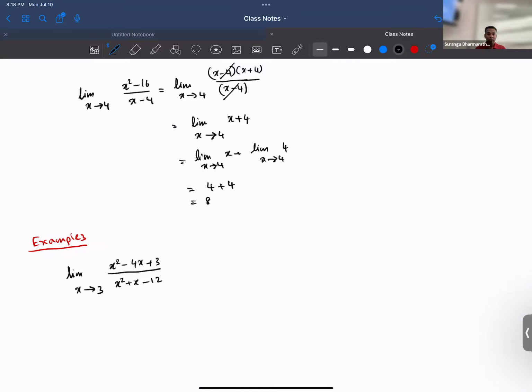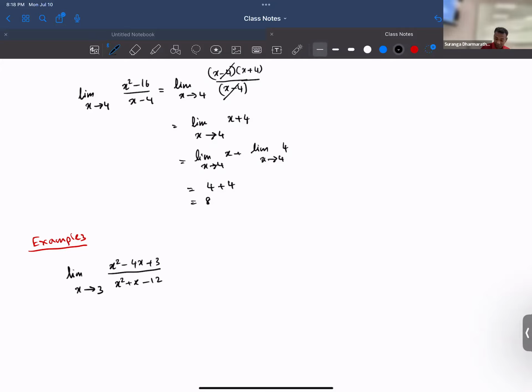Now when x goes to 3, what would happen? If I substitute now, just by looking at these two, these are two polynomials or rational functions. They should be continuous, right? Should be continuous. So yeah, I can substitute.